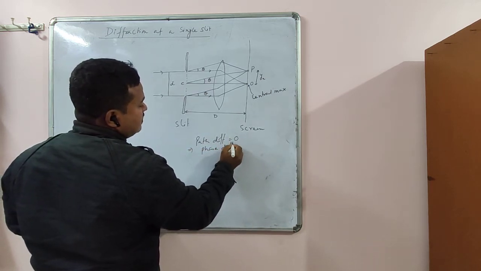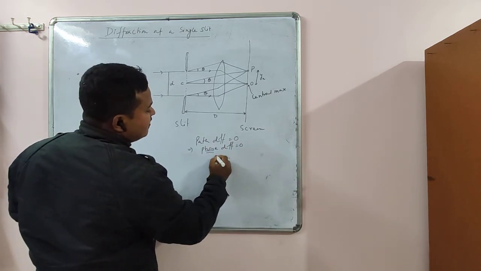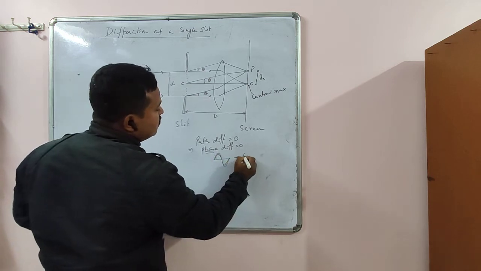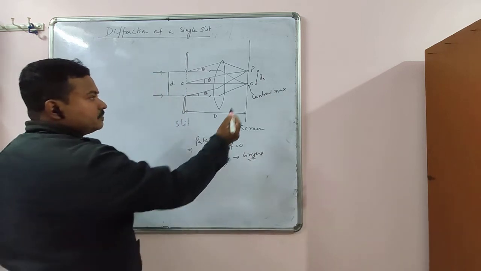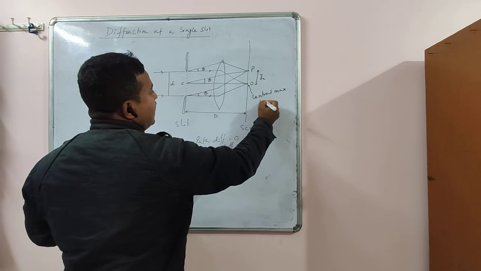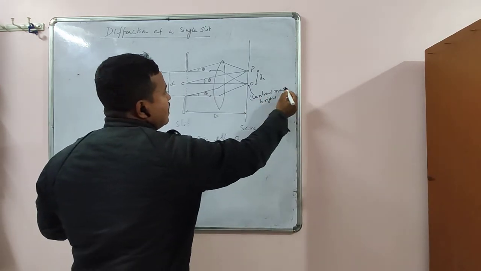Phase difference 0 means they meet in the same phase. When two waves meet in the same phase, it gives you bright. That's why the center of the screen is always bright, and that's why it is called the central maximum.